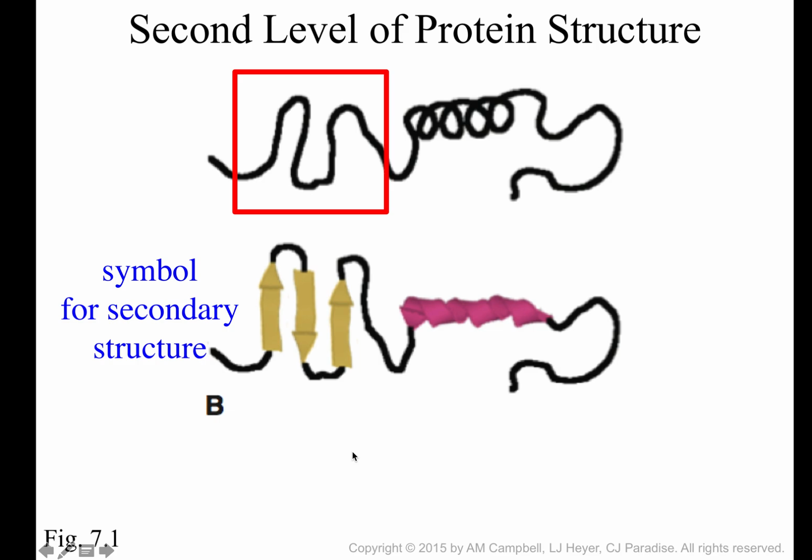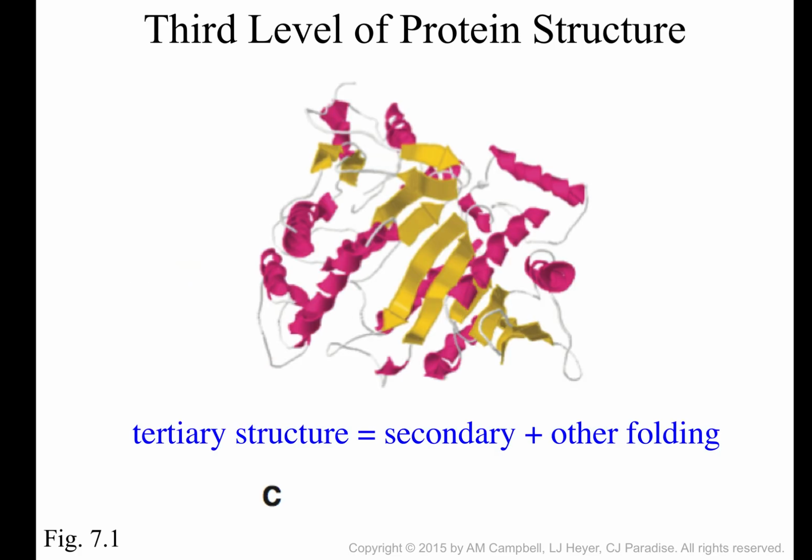And these are stable, and the reason that we talk about secondary structures is you see them over and over again in all kinds of different proteins, and they confer different kinds of properties on those proteins. And so it's useful to talk about secondary structure because it's a feature, something that you will see on lots of different kinds of proteins.